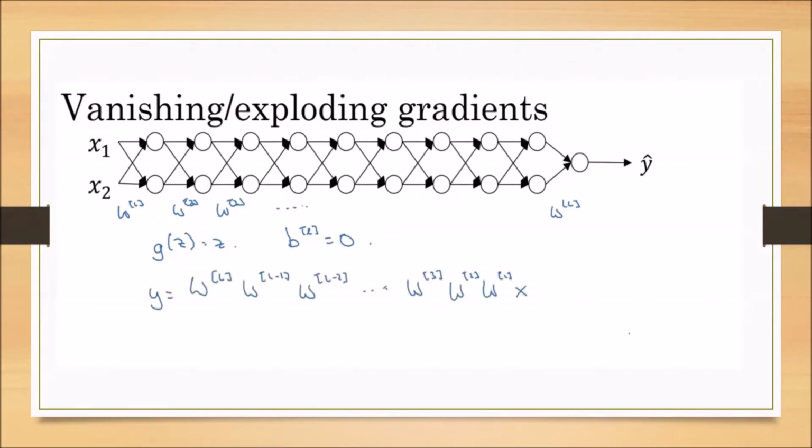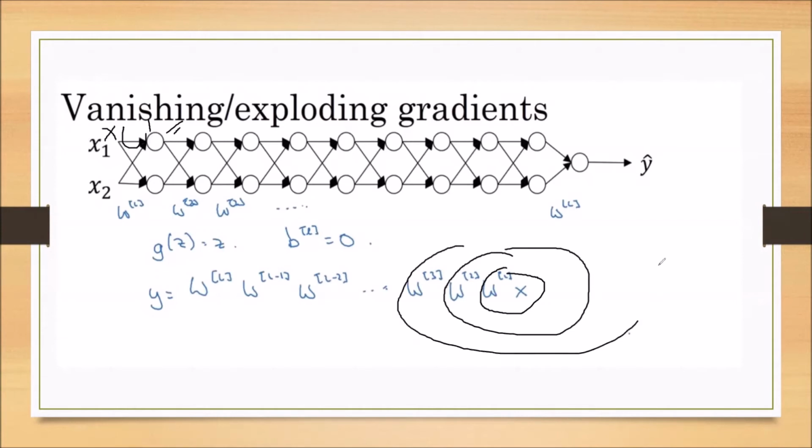Because we are taking the linear function, whatever X we are giving will be the output from this activation layer, multiplied with W1. So W1 into X is the output from the first layer, and W2 into W1 into X is the output from the second layer.